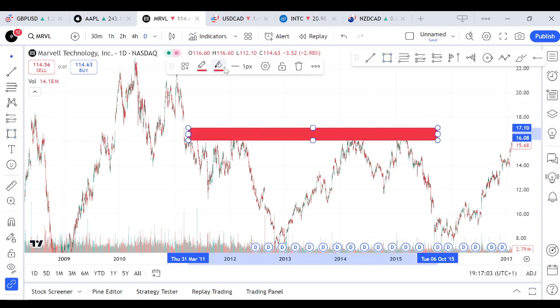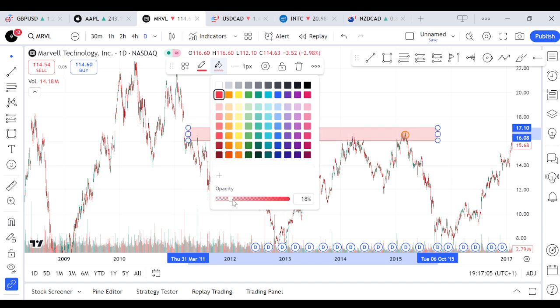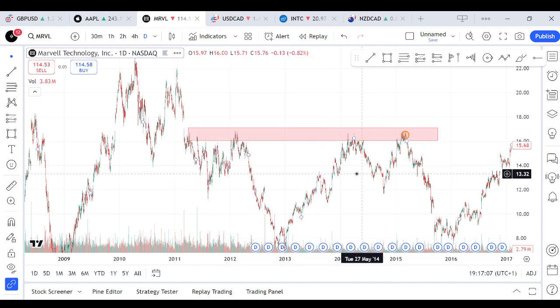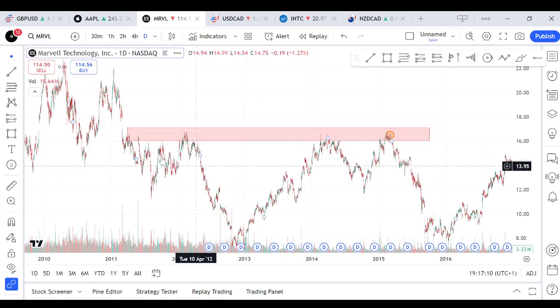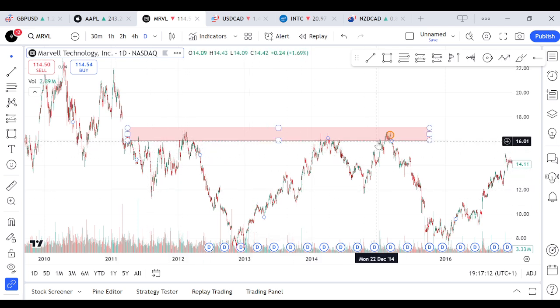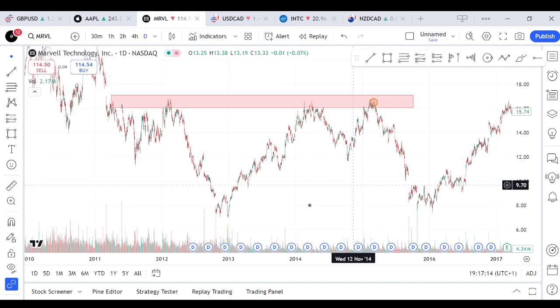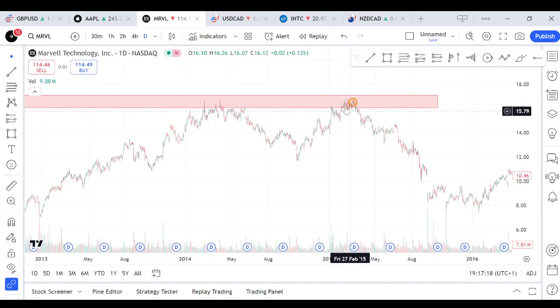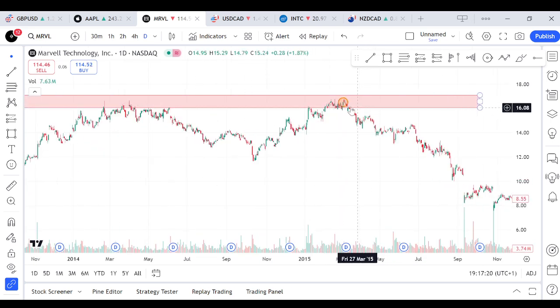This is a major zone in the market, and we expect price to come back to this zone and hold, because this zone has been tested multiple times in the past, and we should be looking for sell trades from this zone.